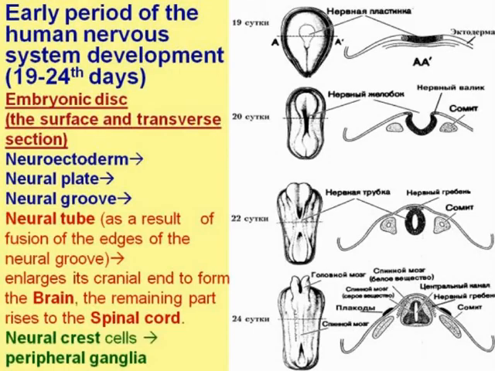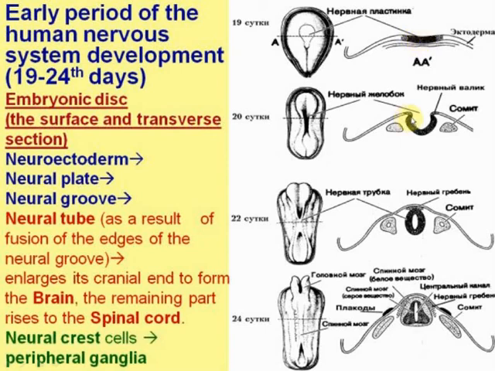Early period of human nervous system development. It starts from the 19th day of embryogenesis. This is the embryonic disc, the surface and transverse section. You see here the neuroectoderm, the neural plate.